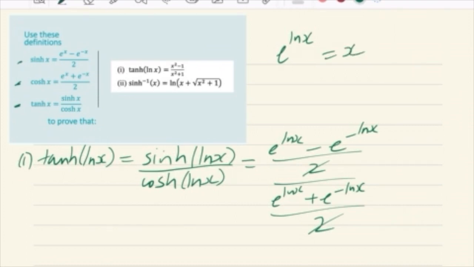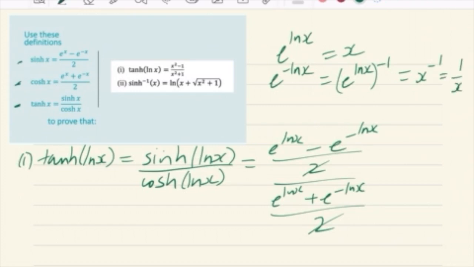And with the e to the negative ln x, that's just e to the ln x to the power of -1. So just x to the -1, so 1 over x.